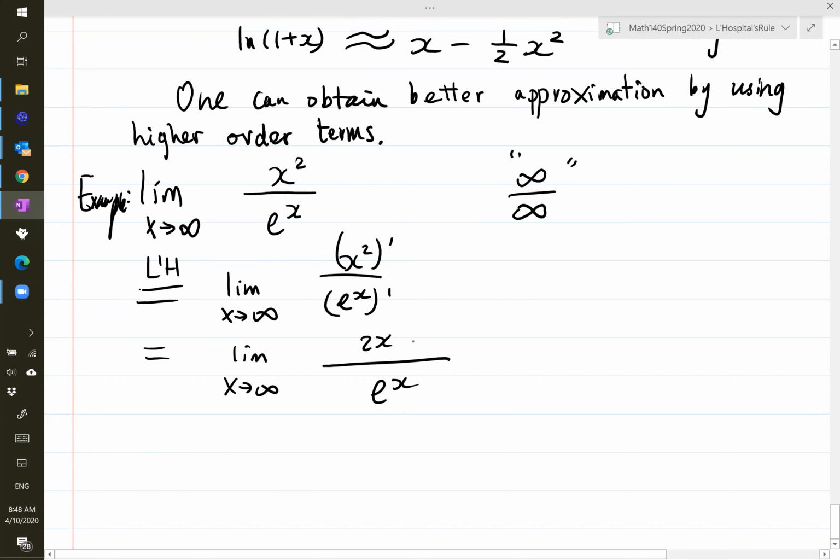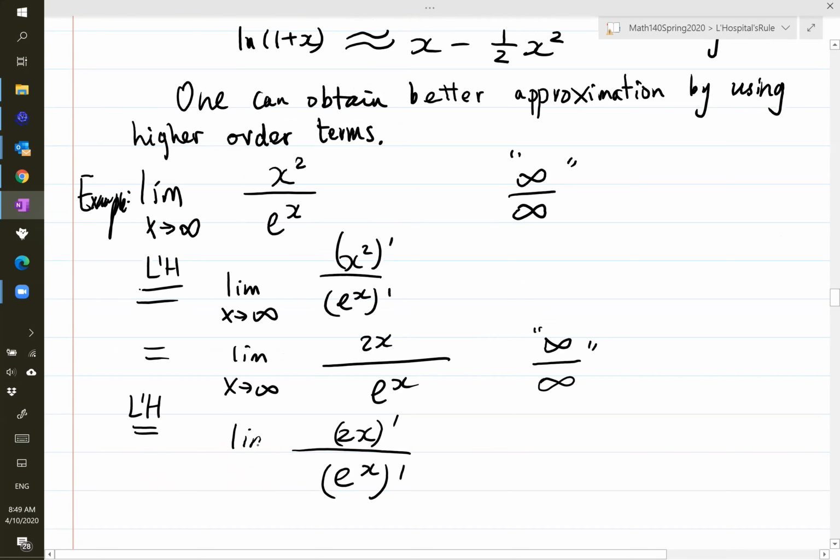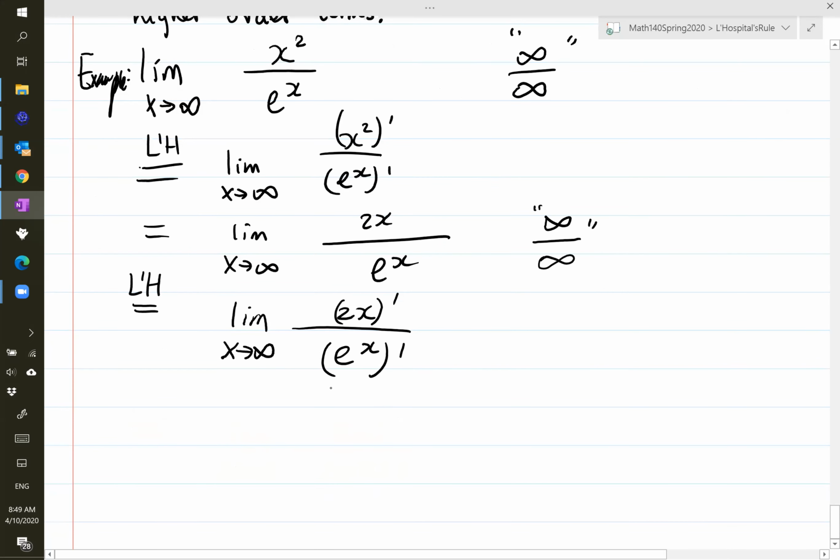Now this again is infinity over infinity, so we can apply L'Hopital's rule again. The derivative of 2x is 2, and the derivative of e to the x is e to the x.